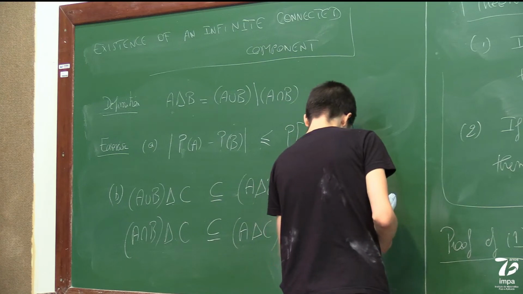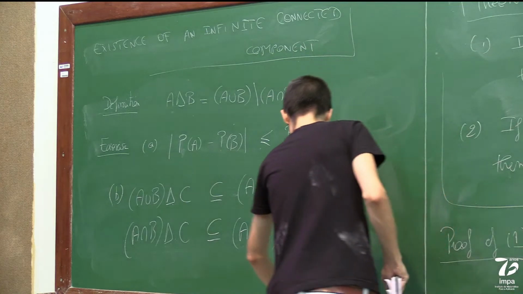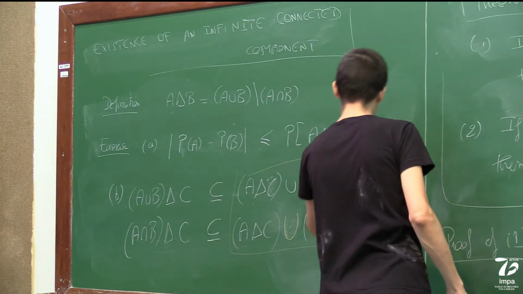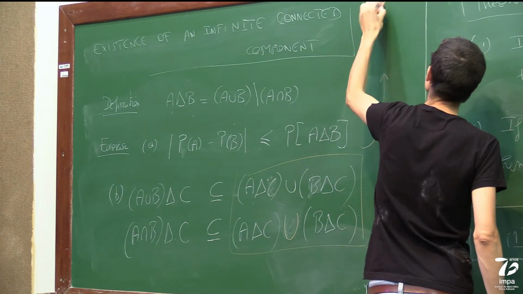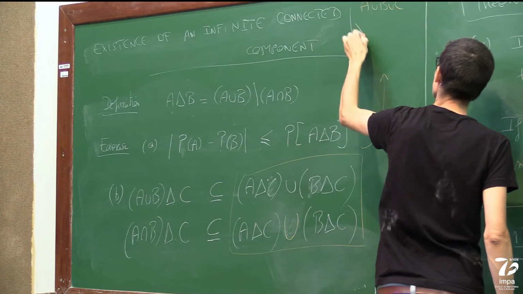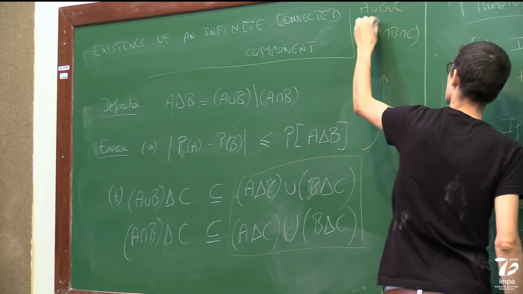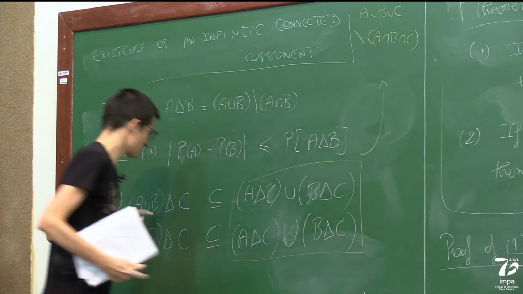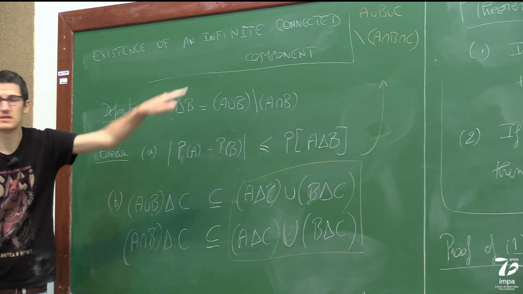One way to see this is simply to see that if you look at this event here, this is A union B union C minus A intersection B intersection C. So when you have this in mind, it's kind of reasonable to see that these things will be included in that.